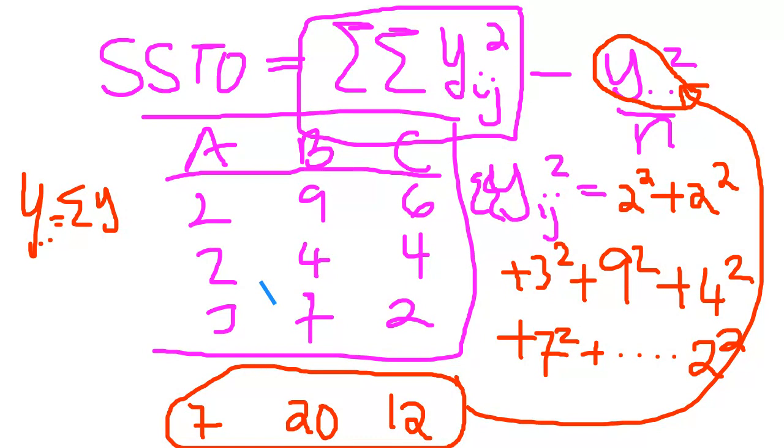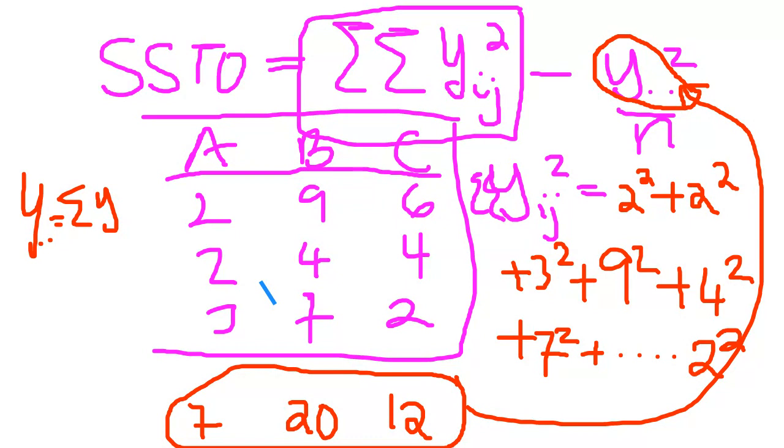So let me make this problem not balanced. Do you allow me to remove this? Yes, sir. Now the problem is not balanced, my sister. Okay. Allow me to remove this.